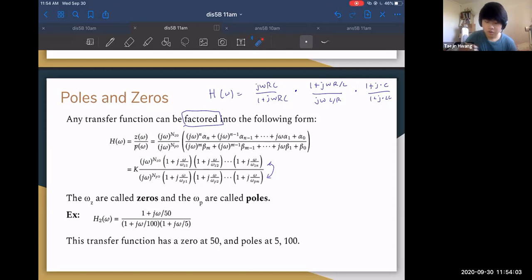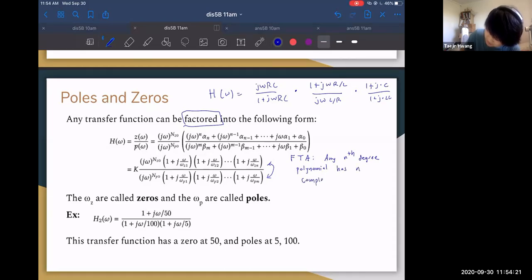The reason we can do this is the fundamental theorem of algebra, which says that any nth degree polynomial has n complex roots. Notice how this is a polynomial of degree n, and we can just factor it into all of its roots. So this is where this factorization comes from.